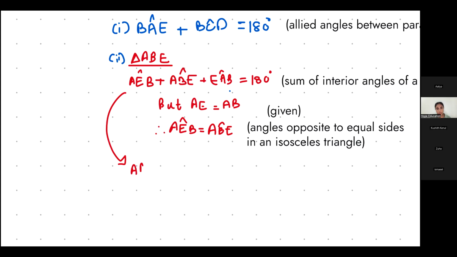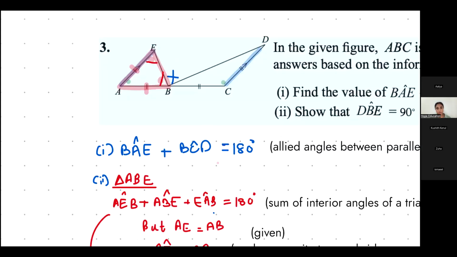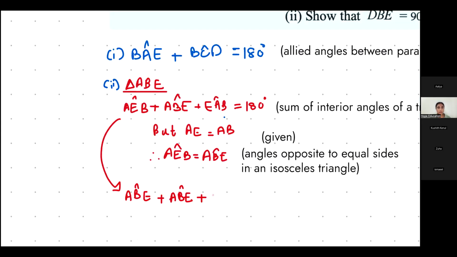So ABE plus ABE plus EAB. EAB is BAE, it's the same thing, I'm just changing the order of the letters. BAE. I have a reason for that.